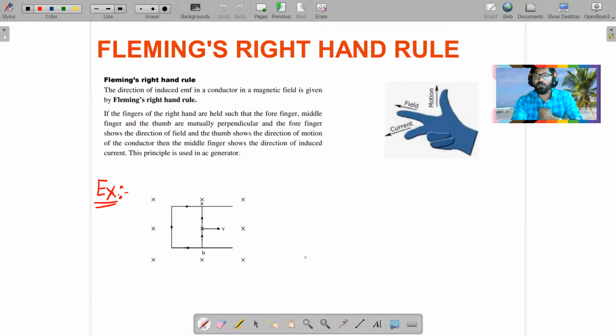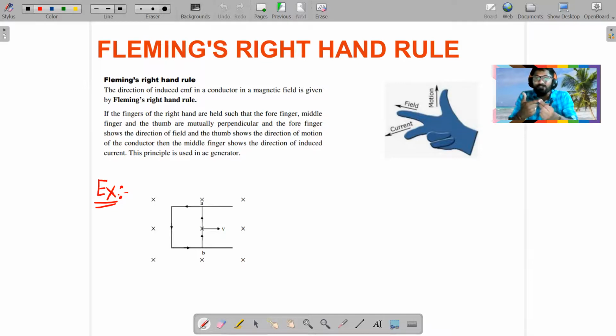If the first three fingers of the right hand, the forefinger, middle finger and thumb, are mutually perpendicular, such that the forefinger shows the direction of the field, and the thumb is in the direction of the motion of the conductor, then the middle finger shows the direction of induced current.